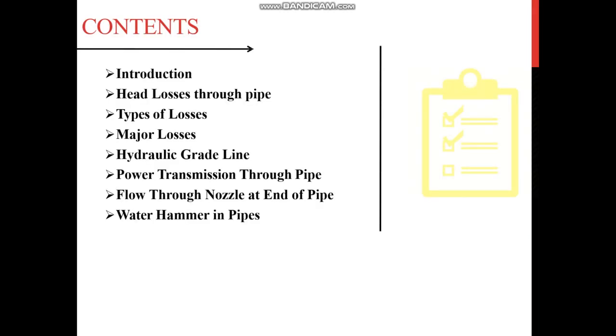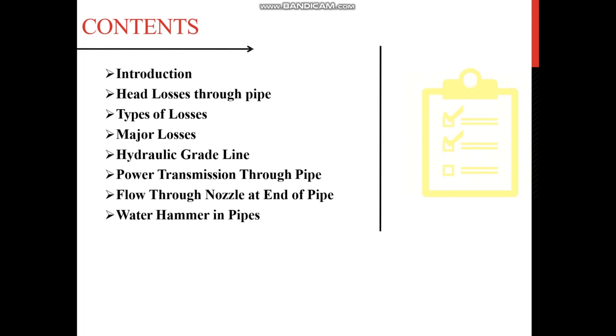So in this chapter, the main thing I would like to revise is the introduction, that is flow through pipes. Then what are the different losses? They are usually called head losses through the pipe, and the classification of these losses, the major losses as well as the minor losses.